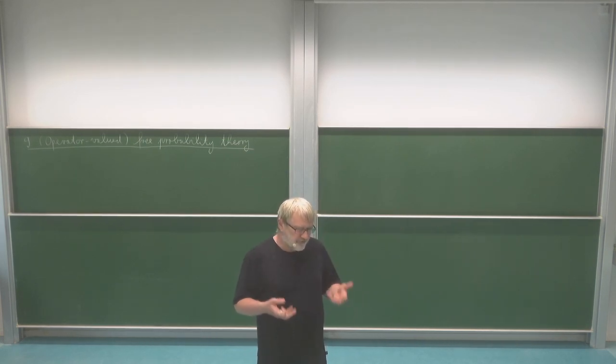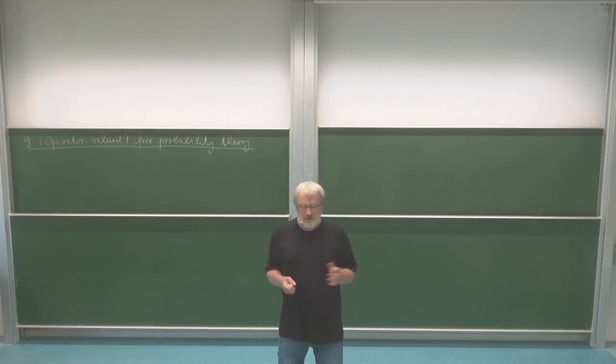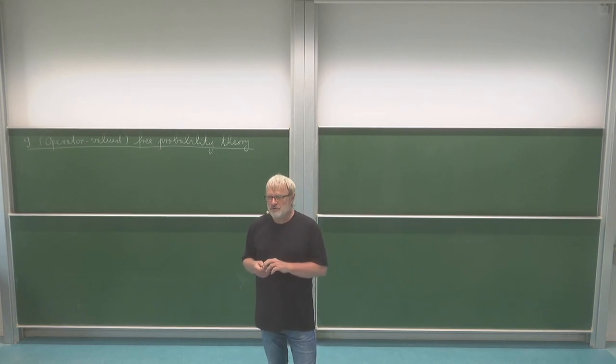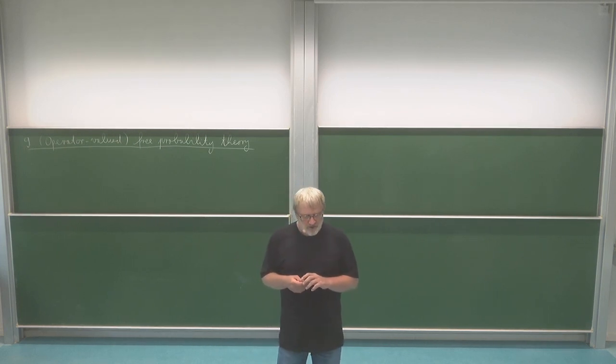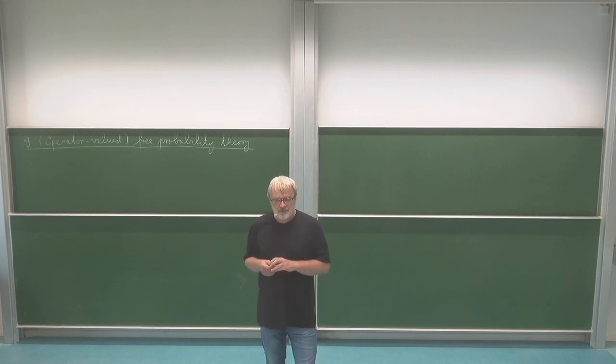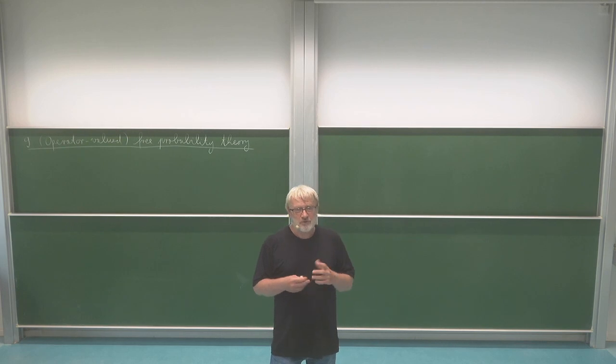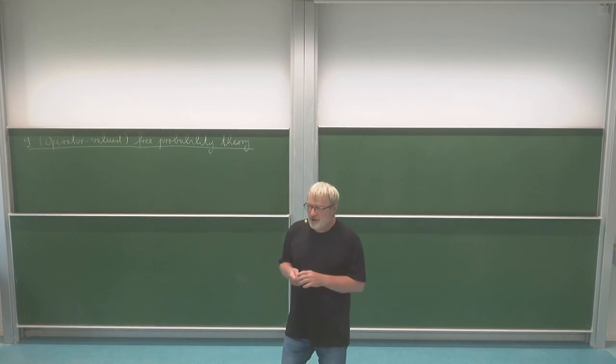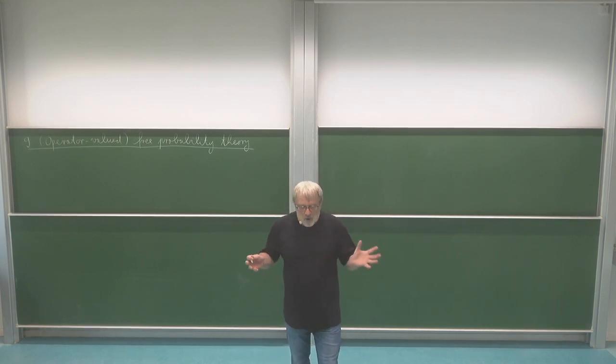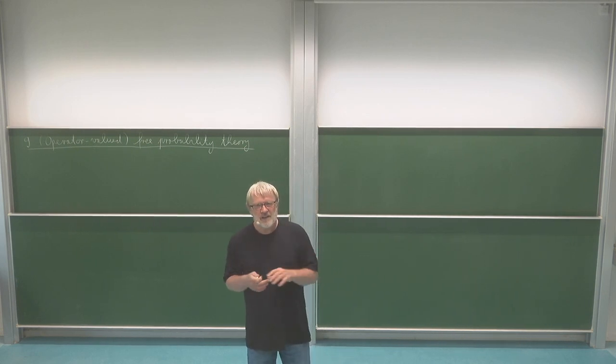Okay, so I think we have covered quite a bit. Maybe what is still at the moment not so well understood is the evolution of the learning process, how to describe this. We had the neural tangent kernel, but this is of course a first approximation and we have to go beyond this. But at the moment I cannot say more about this, so I will leave it like this.